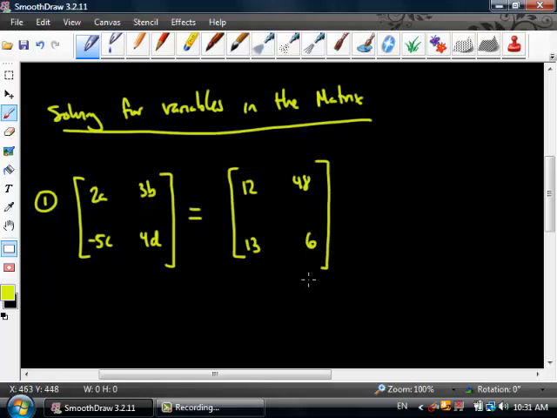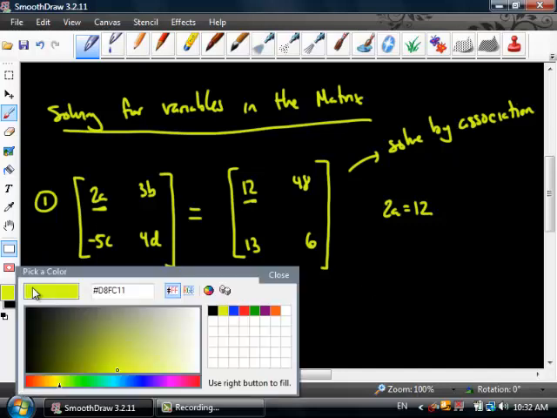Solving variables inside of a matrix is very easy. You solve by association. So, 2a, what is its symmetric buddy, for lack of a better term, on the right side matrix? Nate? 12. Therefore, if 2a is symmetrical with 12, that means that 2a equals 12.